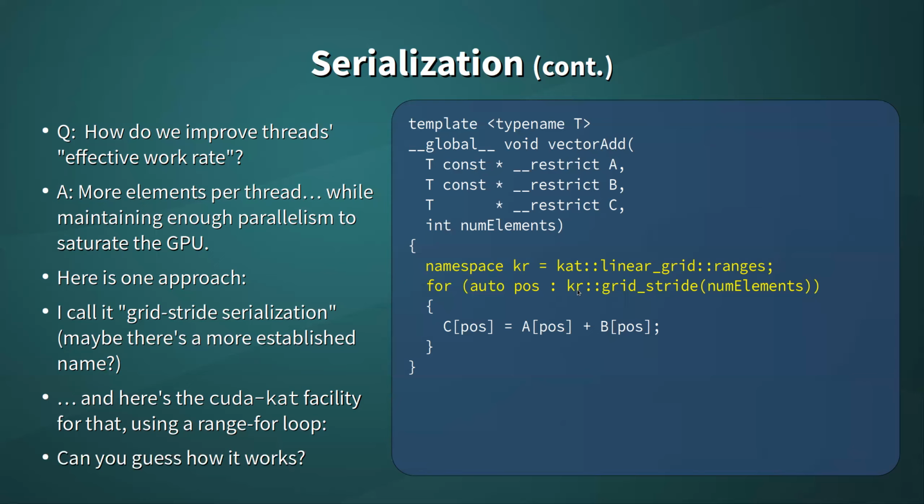And so this range comes from the namespace cat linear grid ranges, and the range is named grid stride. And it's constructed with a number of elements. And now I'll give you several moments to guess what actually is going on. So how is this grid stride implemented?